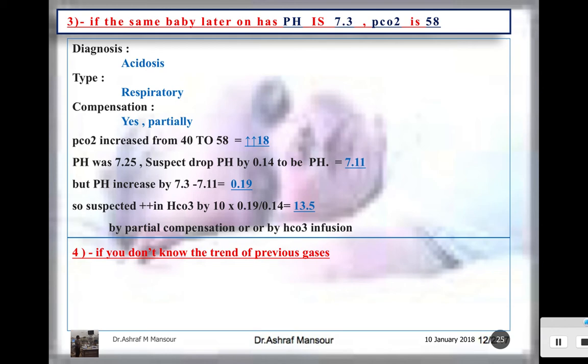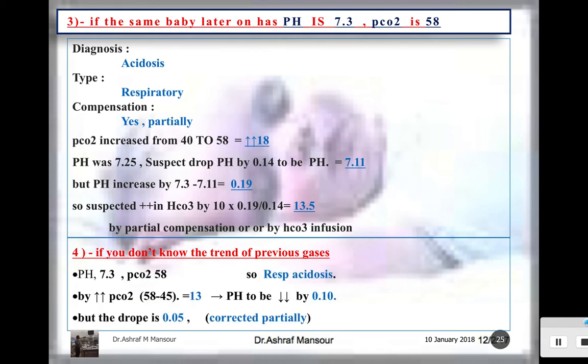Let us calculate. The pH is 7.3, PCO2 58, so it's respiratory acidosis, but the increase of 13 in the CO2, by calculation, will make a drop in the pH by 0.10, and here the decrease to 7.3 is only 0.05.